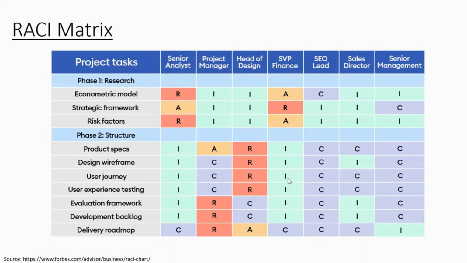Along with the RACI matrix, there could be some SLAs and an escalation matrix that could be discussed. All those things can be additional on top of the RACI matrix, which is created by the project manager and shared with the stakeholders, saying your work is in safe hands. We are definitely going to deliver as per the timelines we have agreed upon.